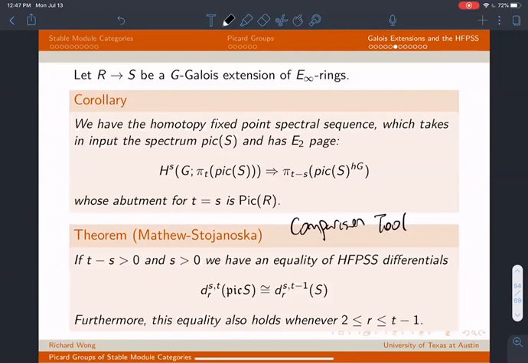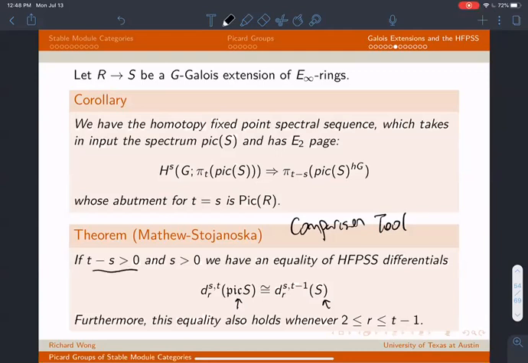And what this tool says is that if t minus s is bigger than 0 and s is bigger than 0, then we have an equality of differentials between the Picard spectral sequence and the usual spectral sequence.